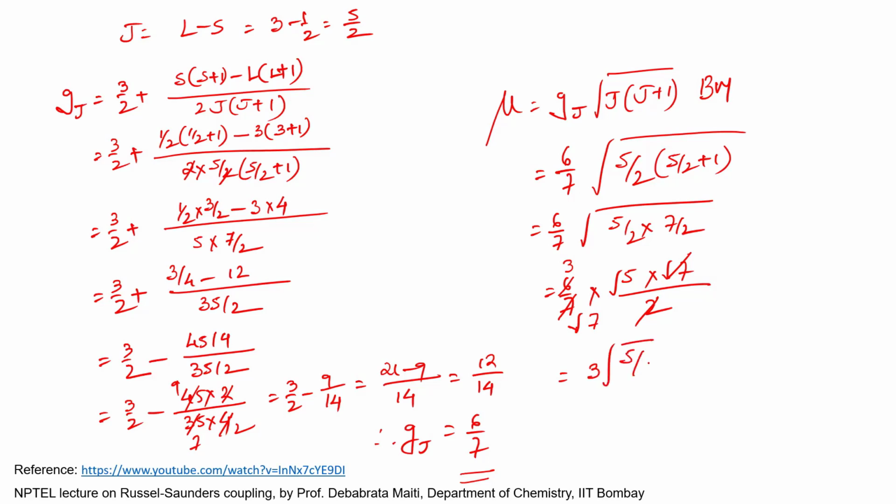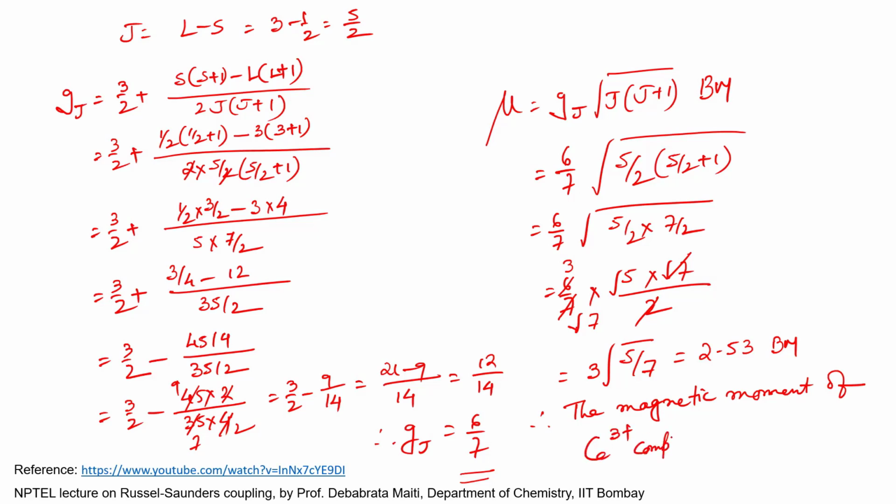This is 3 into root over 5 by 7, which is 2.53. So the magnetic moment of cerium 3 plus complex is 2.53 Bm. The reference you will find in the NPTEL lecture on Russell-Saunders coupling by Professor Debabrata Maiti, Department of Chemistry, IIT Bombay. Thank you very much.